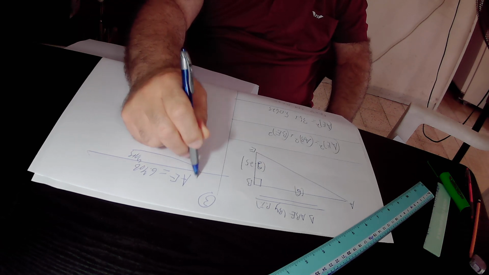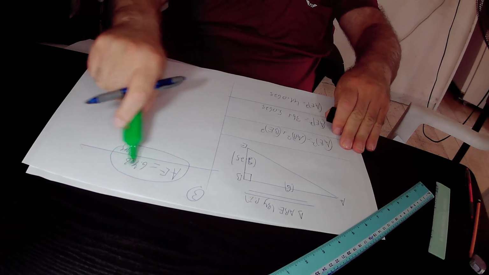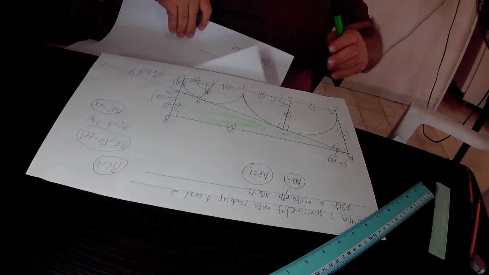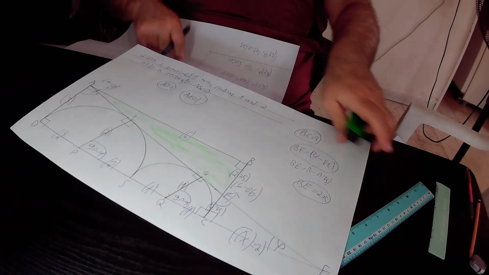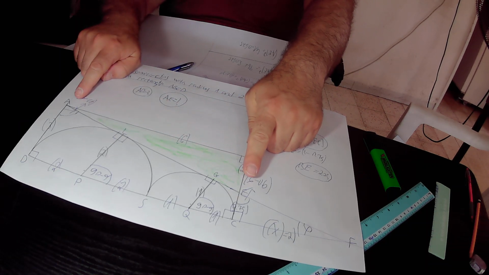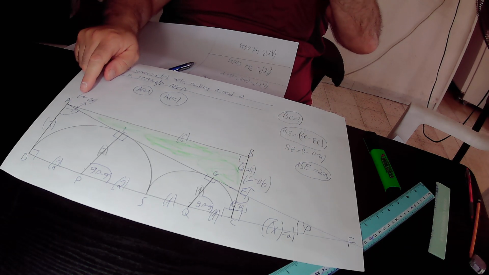That is the answer to the question. So I repeat again, we found that the length of line segment AE is equal to 6.408 units. Okay, so in the next step, I will summarize the lecture.